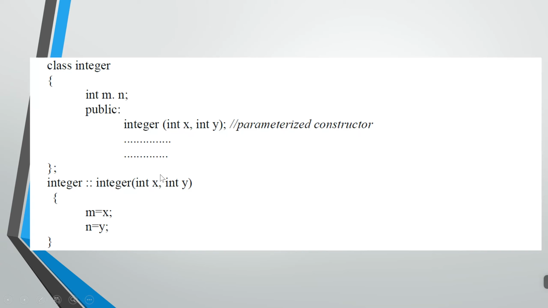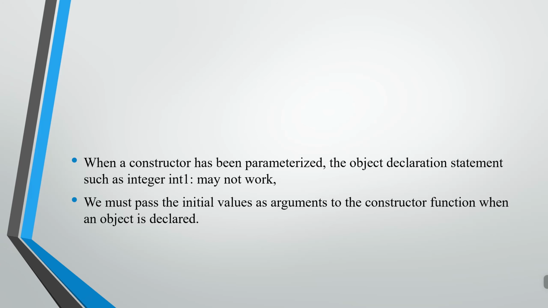So now int1 dot m is 0, int1 dot n is 100. We are supplying the parameters 0 and 100 from the main function to this particular constructor, so that I can have any number of objects with different values initialized. So this is what is called a parameterized constructor.